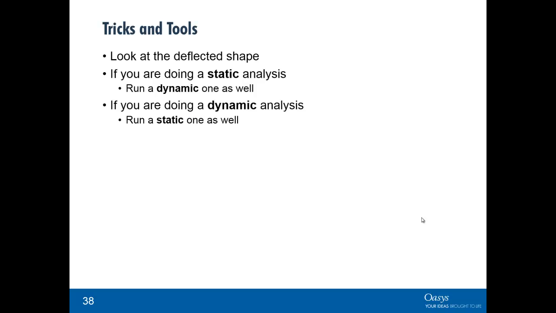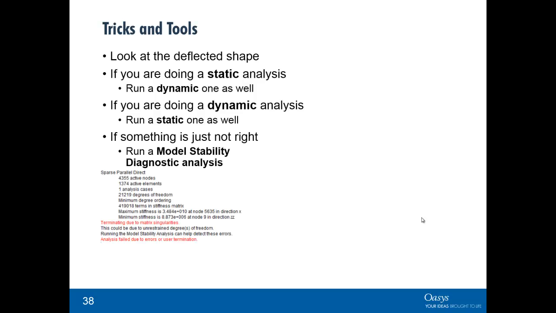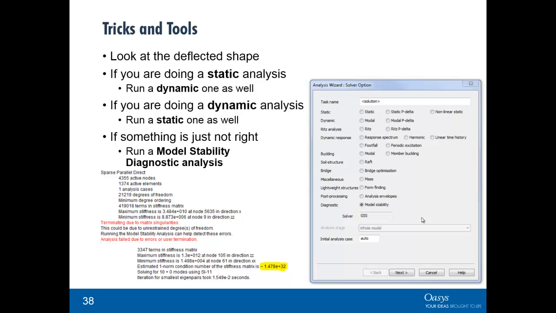Likewise, if you're doing a dynamic analysis, run a static one as well. Looking at the model in a slightly different approach can indicate problems, and can help you solve things quite quickly. Likewise, if something is just not right, maybe you're getting singularity errors, or the condition number is high.